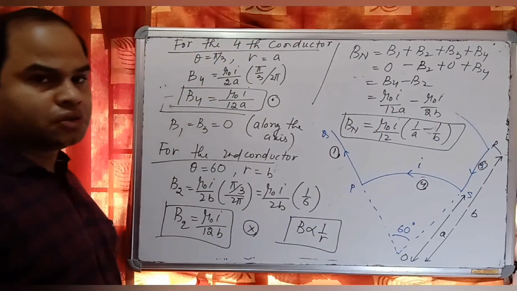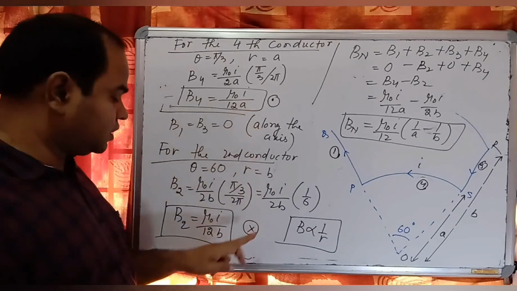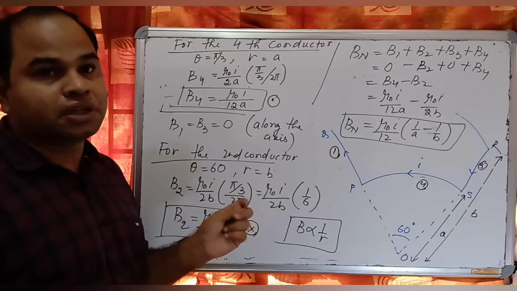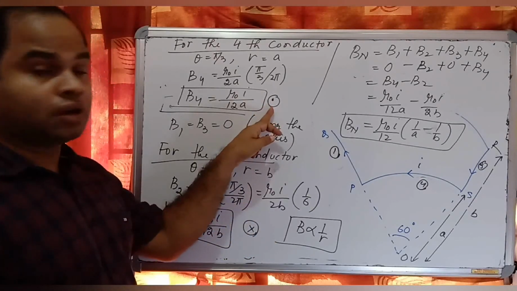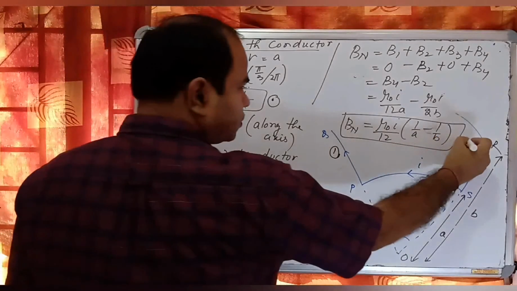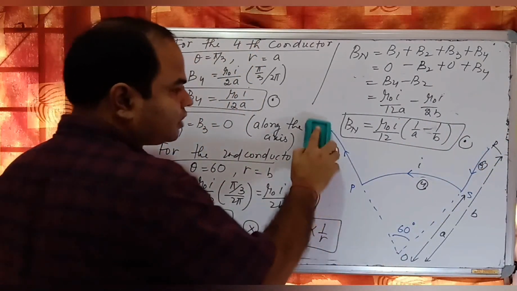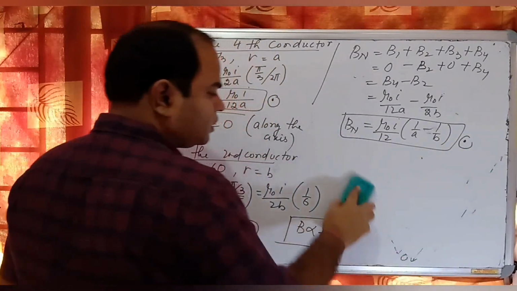What is the direction of B net? Since B4 is greater than B2, the resultant direction is along the direction of the bigger vector, that means B4. B4's direction is outward, so the resultant direction is outward. Okay. The resultant magnetic field is in the outward direction.